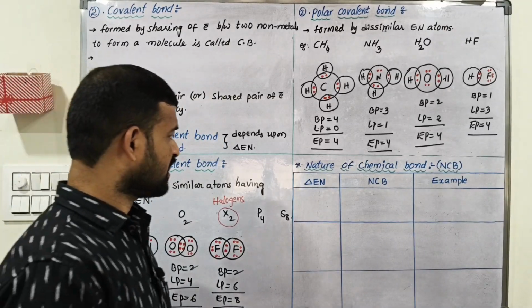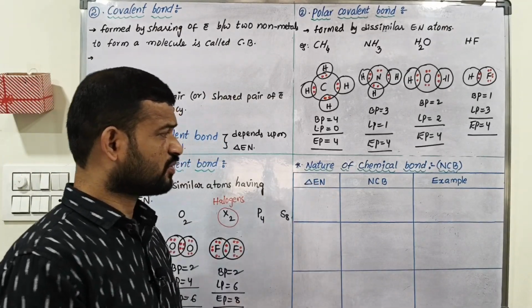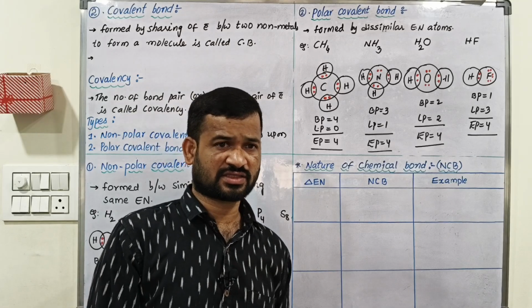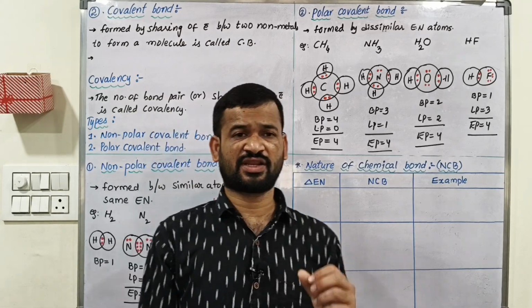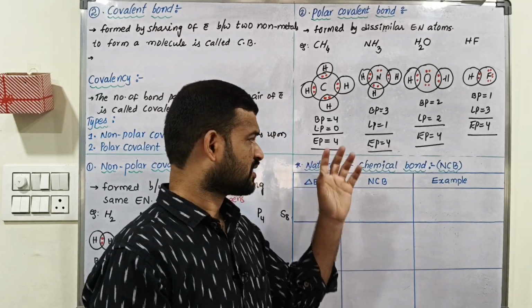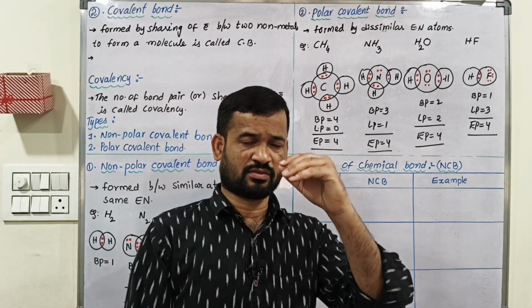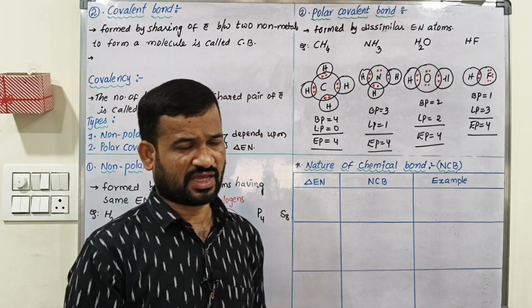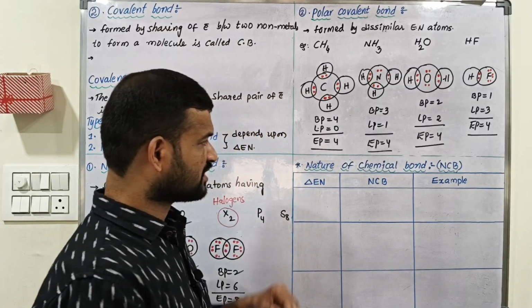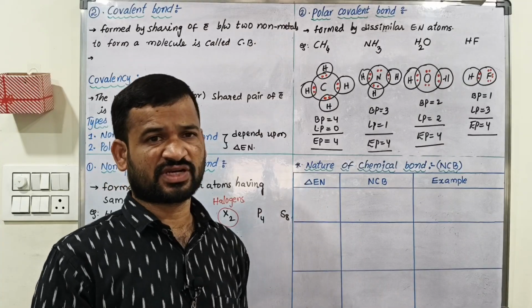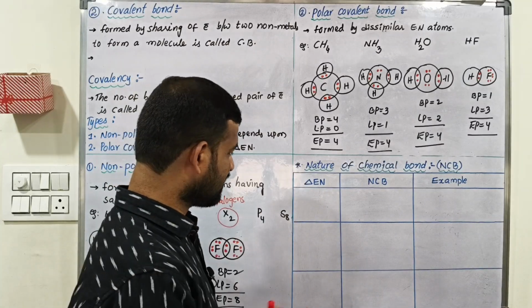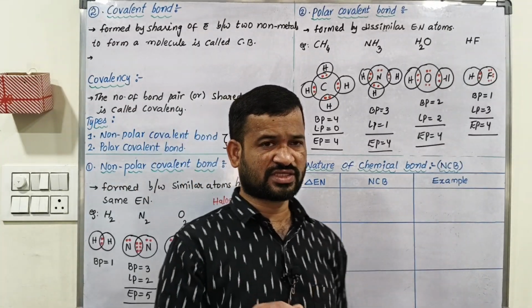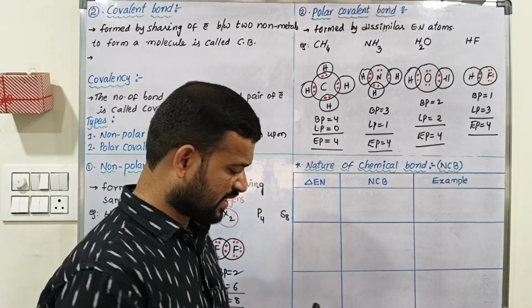Okay, next come to the nature of chemical bond. In the exam they will ask to identify the nature of the bond in the given molecules. That depends on the electronegativity difference. The standard value is 1.7.